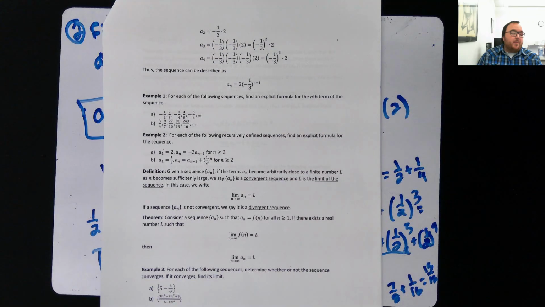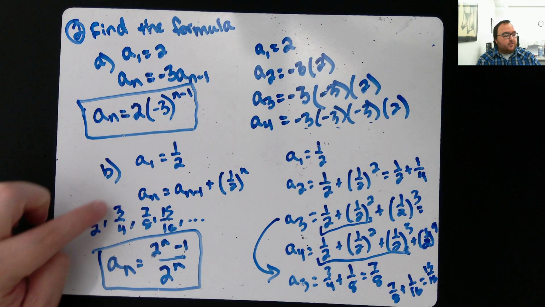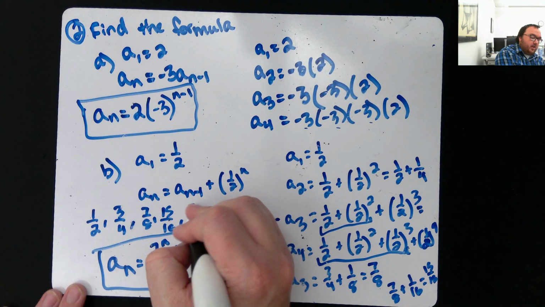So basically what I want to know is, as n gets really large, do my terms get closer to something, right? So look at this one we just did. 1/2, 3/4, 7/8, 15/16. My next term would be 31 over 32.